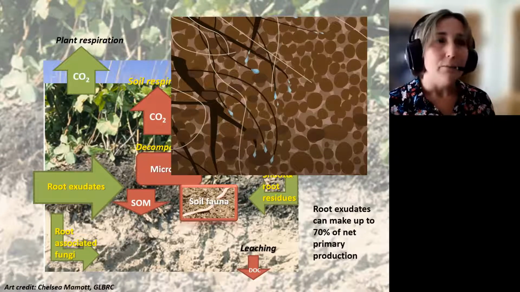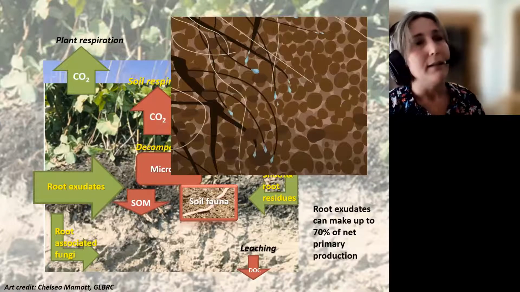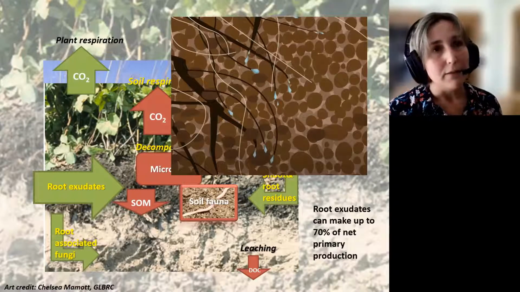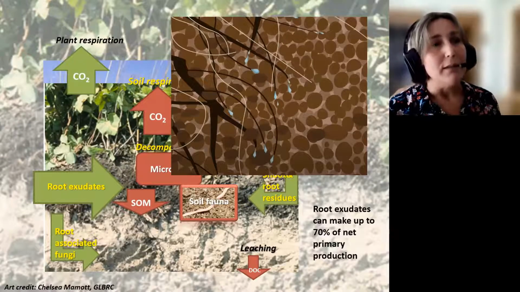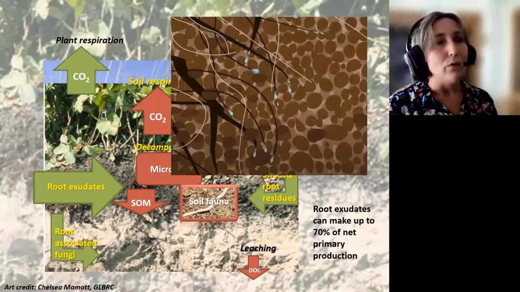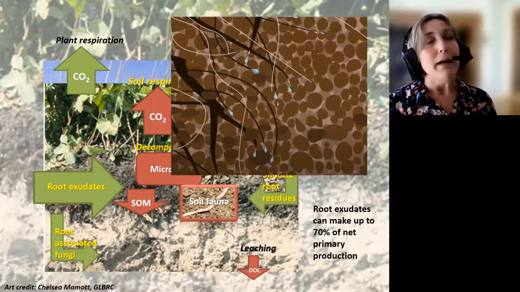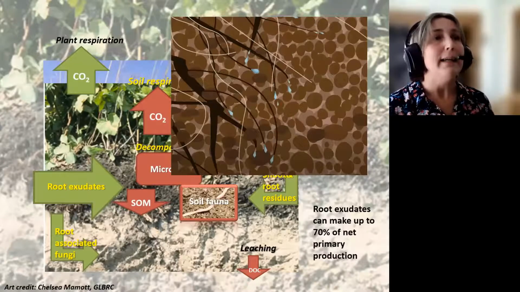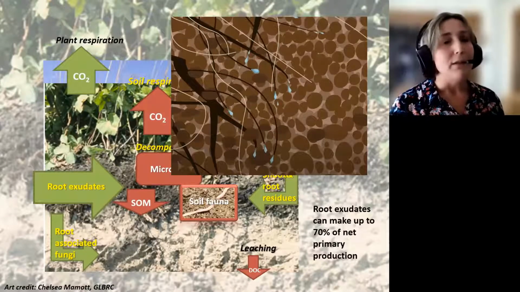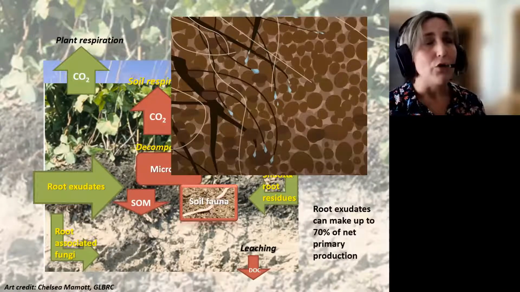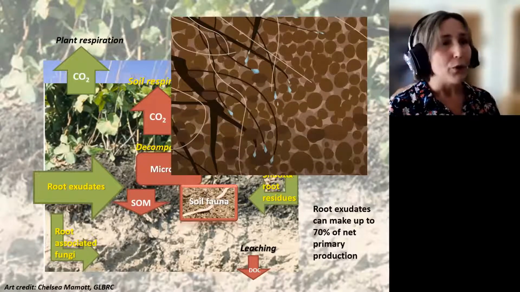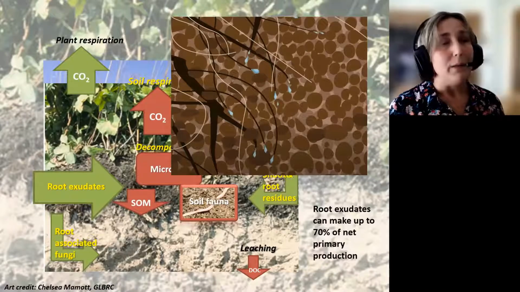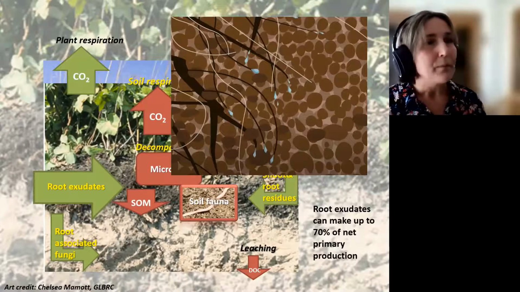It's something that we cannot see with our naked eyes, and something that is very difficult to measure and to actually take out of the soil. But some people estimated that root exudation can make up to 70% of the net primary production. So it can play a major role as a source of carbon inputs in the soil.